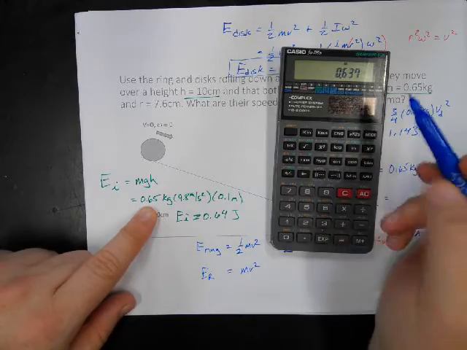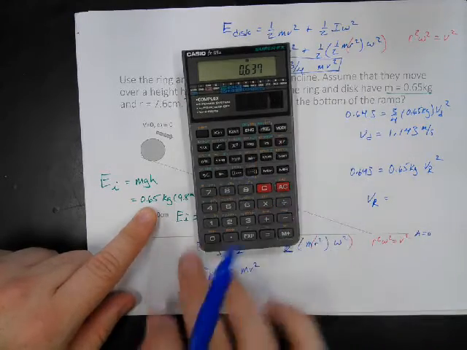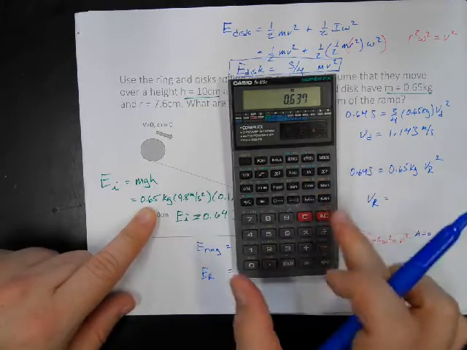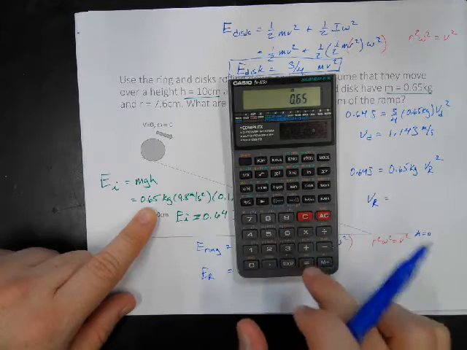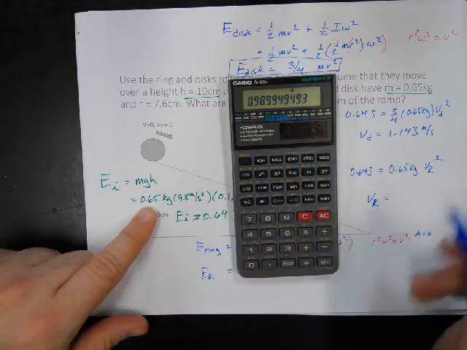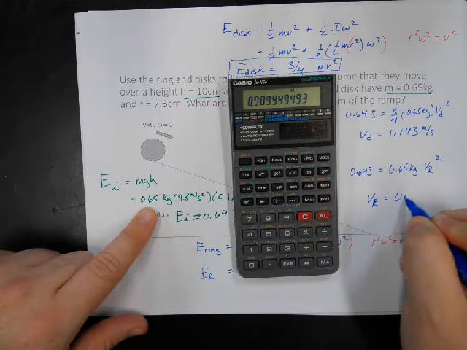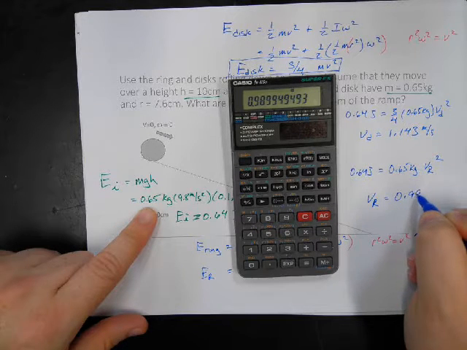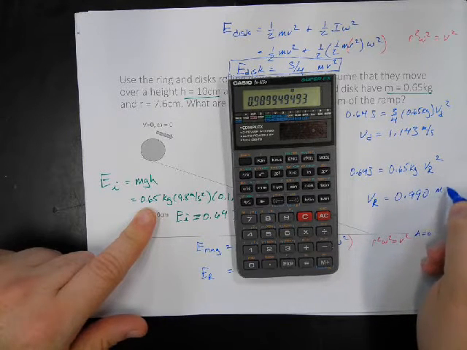All right, so that was what's in the calculator. And then we're going to divide by 0.65. It's 0.98 there. And then we're going to take the square root, and we have 0.990 meters per second.